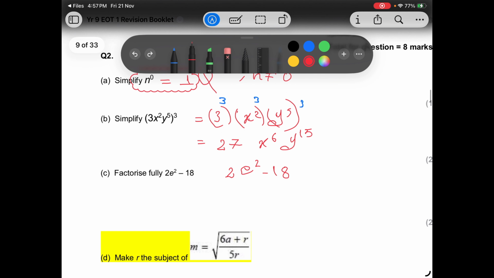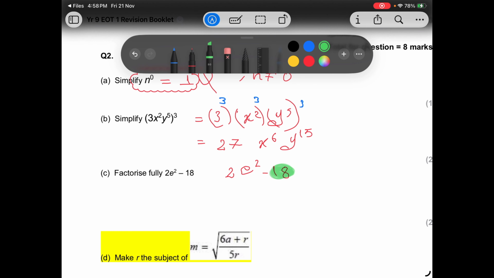What is really common between 2e squared and 18? Obviously 2 is common, because inside this 18 there's a 2. Where is it? It is invisible. You have to see it as a mathematician, not like a normal person. 18 is 2 times 9, so inside this 18 there's an invisible 2.